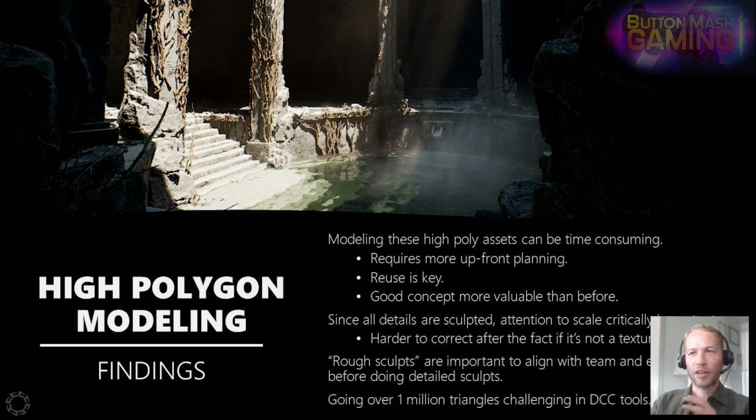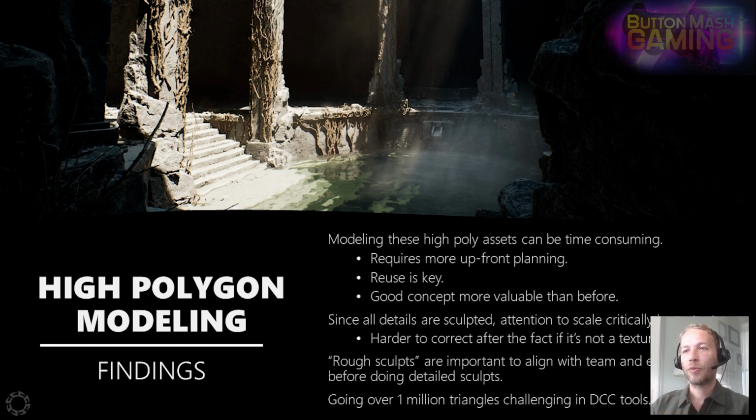And so that goes back to the concept and having you play with rough sculpts. So what we decided is we'd do rough sculpts, which is a quick sculpt of an object to get an idea of scale and detail, and put that in the environment, put the player next to it, and then look at it before we go through and do the final polished sculpt.